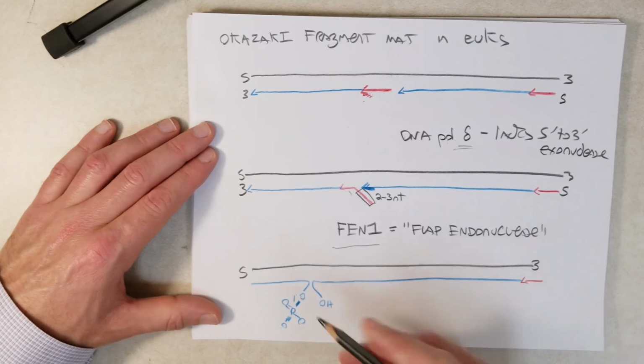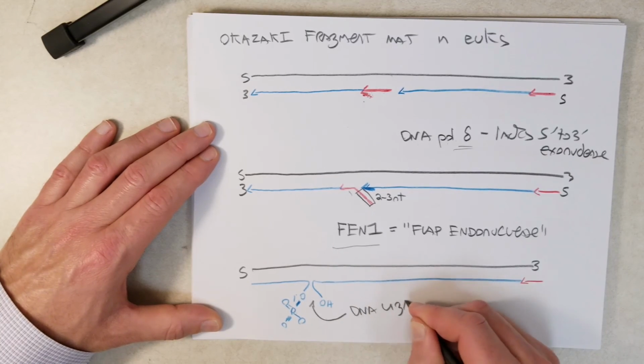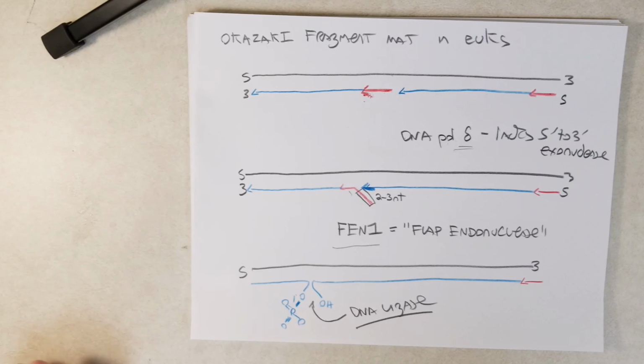And that's going to need to be sealed by DNA ligase. Okay, so those are the major differences between Okazaki fragment maturation in prokaryotes and eukaryotes. And I think that's it for this video.